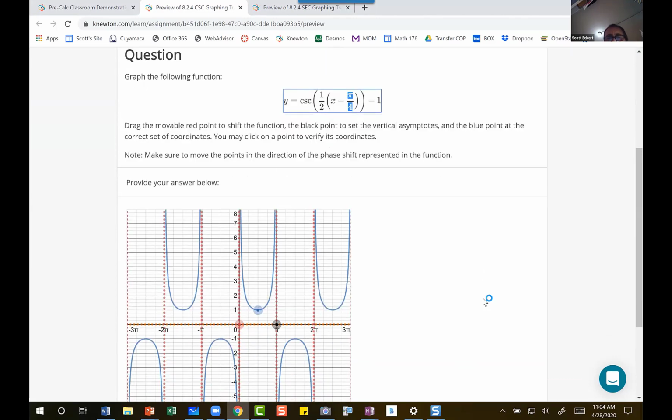But to make sure I get myself all clear, don't want to get things too far off, let's make a record of what we know. So cosecant is a flip of sine, and the amplitude of sine is going to equal 1. The period is equal to what?